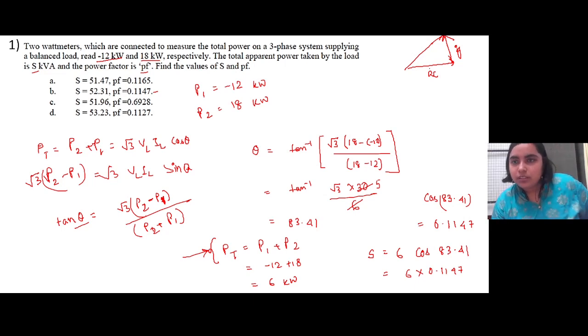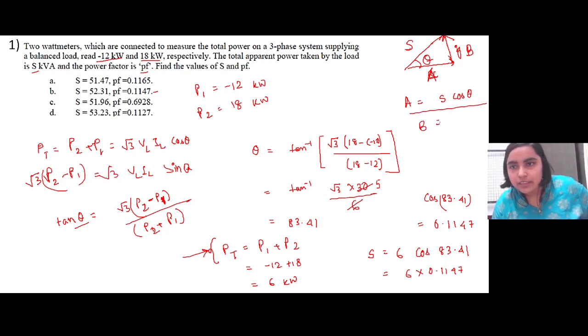So let us consider this to be A, this to be B, and this is S. So A will be equal to S cos theta, since this is theta, and B, which is the volt-ampere reactive, will be S sin theta.